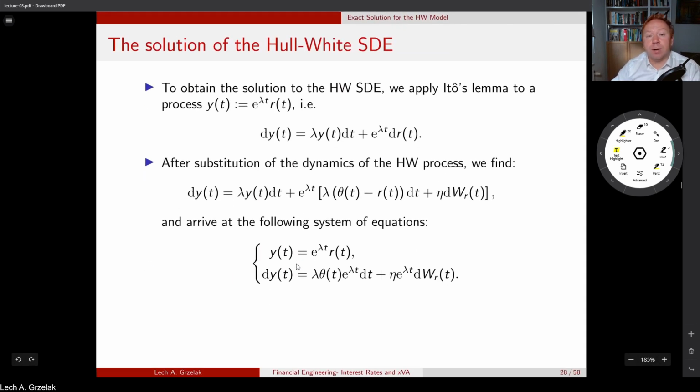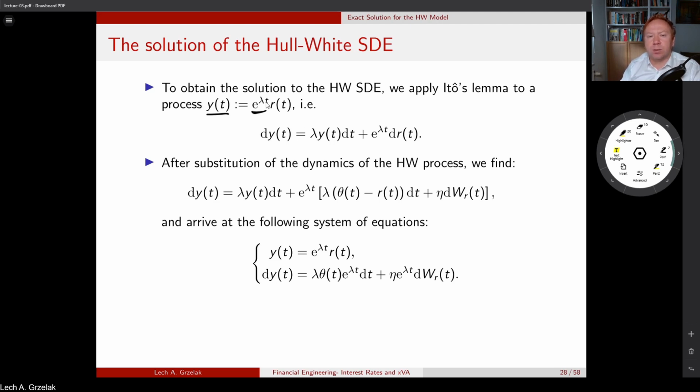Let's now try to derive the distribution, the solution for the Hull-White model. The derivation for Hull-White has one very elegant way to do it. We define a process y_t, which will be e to the power lambda t times r_t. This is just a small transformation. You can think of this element as extracting away the mean reverting part from the Hull-White model.